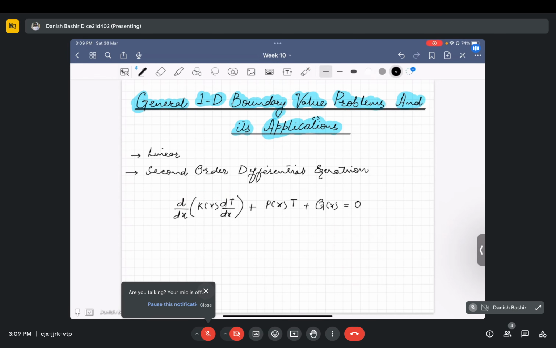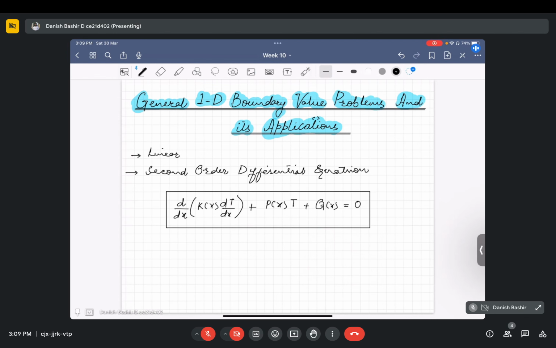So we can say that most of the problems that we studied had a boundary value problem that can be generalized in this form: d by dx of k of x dT by dx plus p of x times T plus q of x is equal to 0, with a domain x naught less than x less than x of L. This was the domain of the problem.